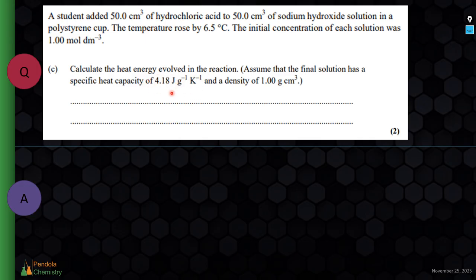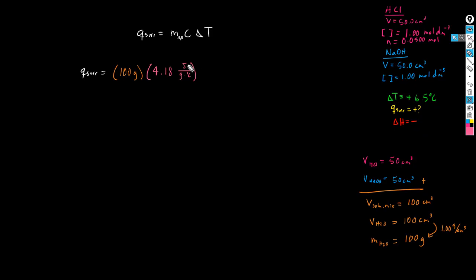If the question says that the specific heat of the solution is something else, then you should use that other number, not 4.18. But unless it otherwise says so, you're going to use 4.18 as your C.